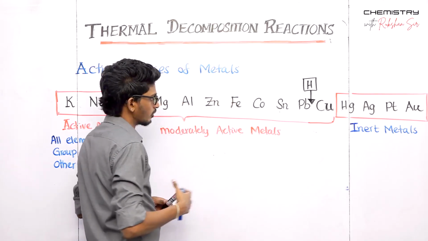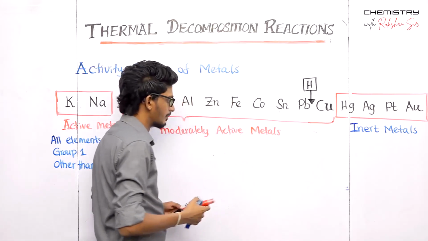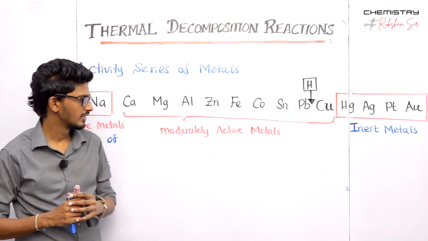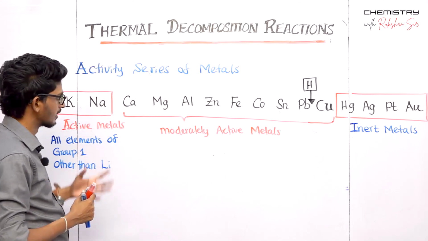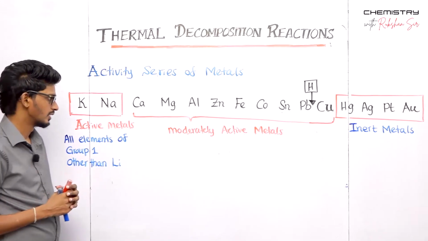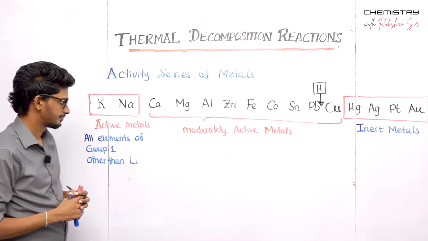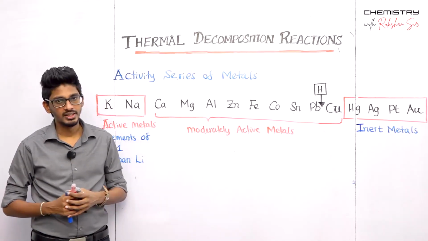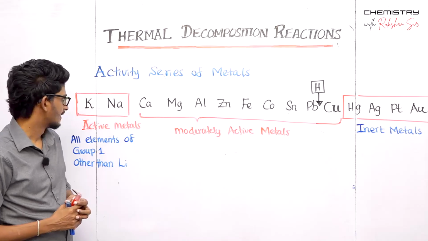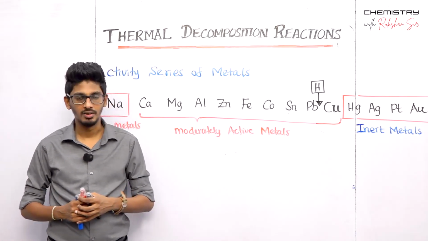So copper also comes under moderately active metals. First, we divide the activity series of metals into 3 sections. Then it is very easy to follow the trends of the thermal decompositions of these salts. Okay, so let's discuss them one by one.